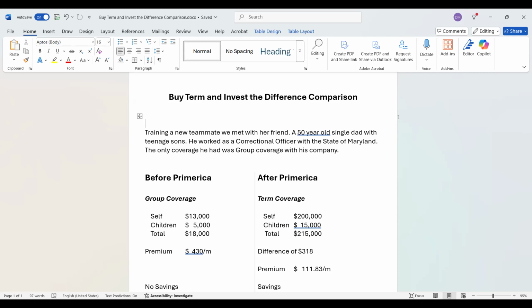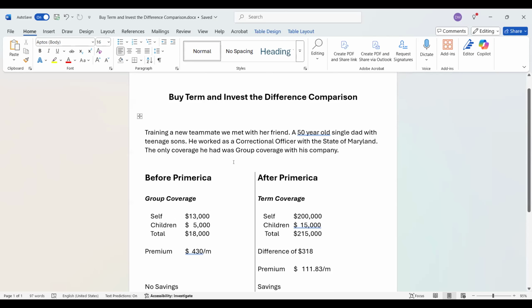But either way, he had this insurance and he had it for years. And before we sat with him, as we were talking with him, he thought that he had 100,000 of coverage on himself, and he thought he had 20,000 on his children.